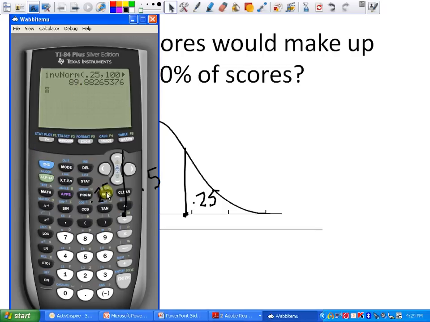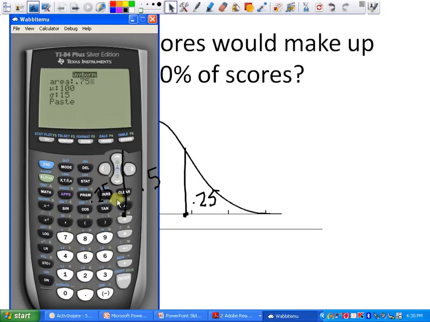So we can find the other score. Now, you may have to think a little bit. What was the percentage to the left of this score? It was 50 plus the 25, so it's actually 75%. Not 75, but 0.75.